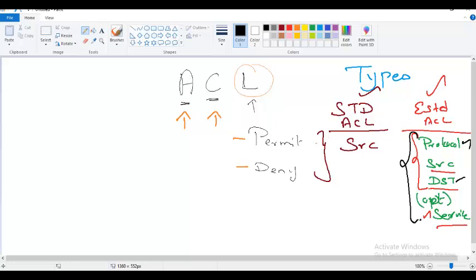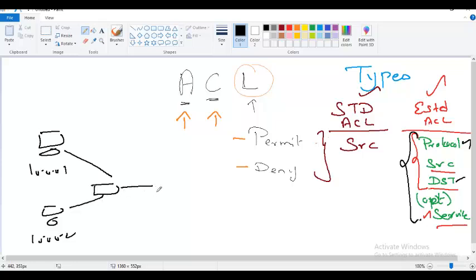Let's see an example now. I have a computer here with IP address 10.0.0.1. Another computer here, 10.0.0.2. And I have a router with 20.0.0.1 connected to the router 20.0.0.2.